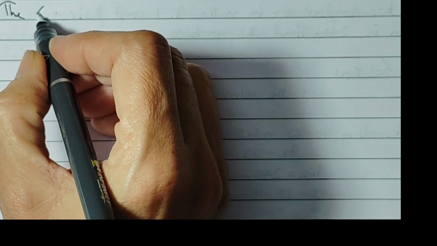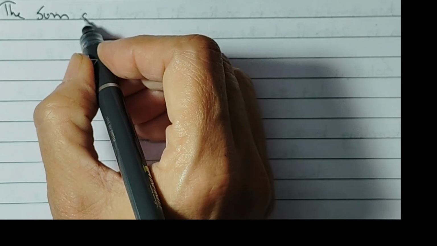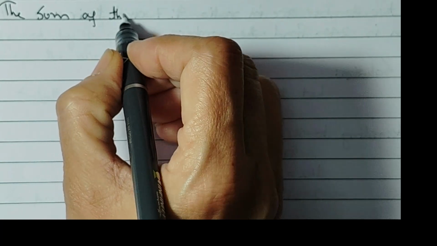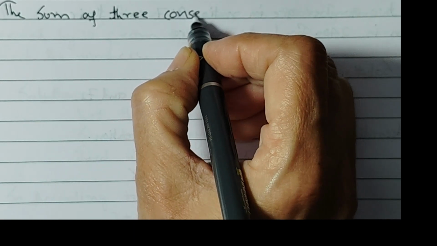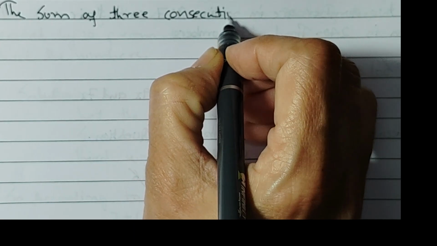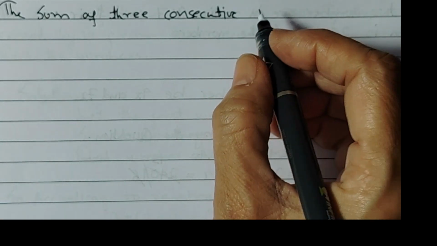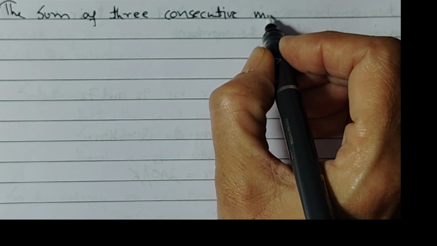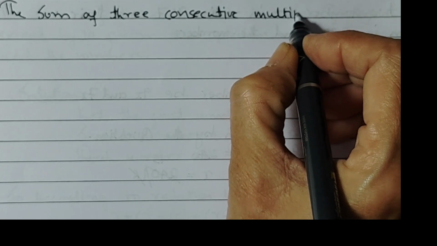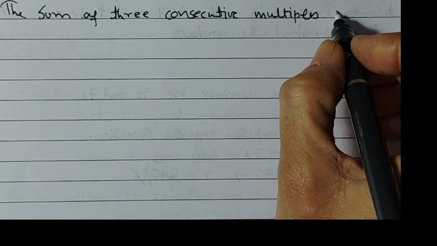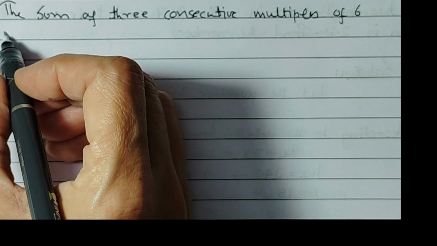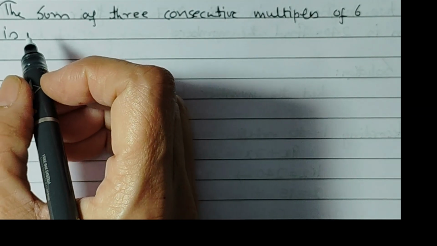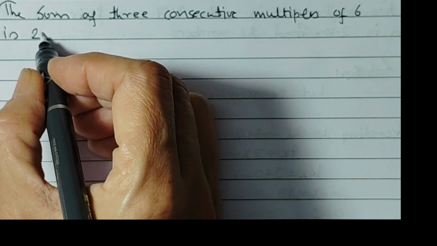The sum of three consecutive multiples of 6 is 288.